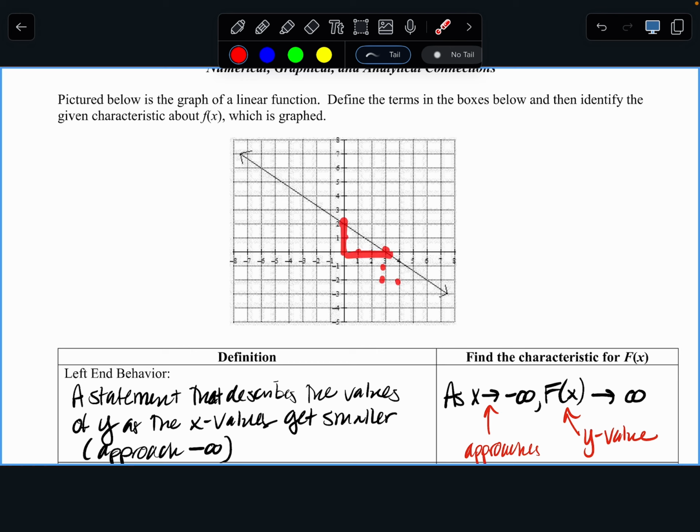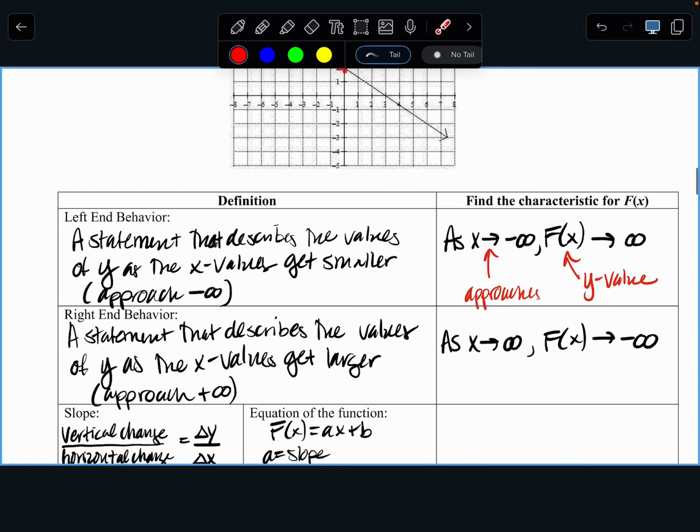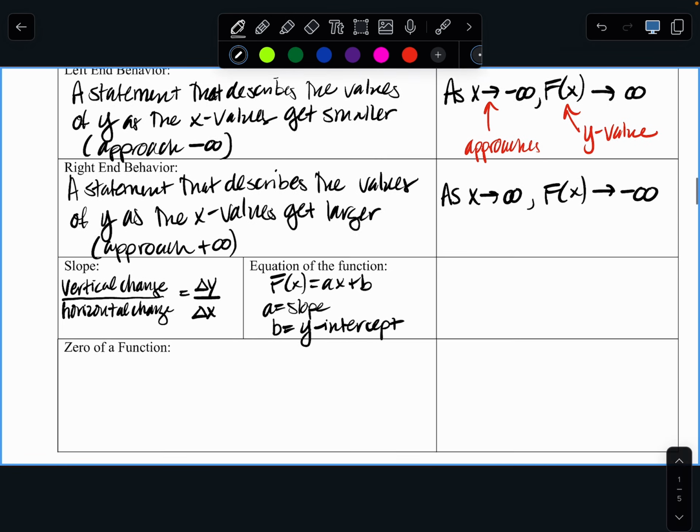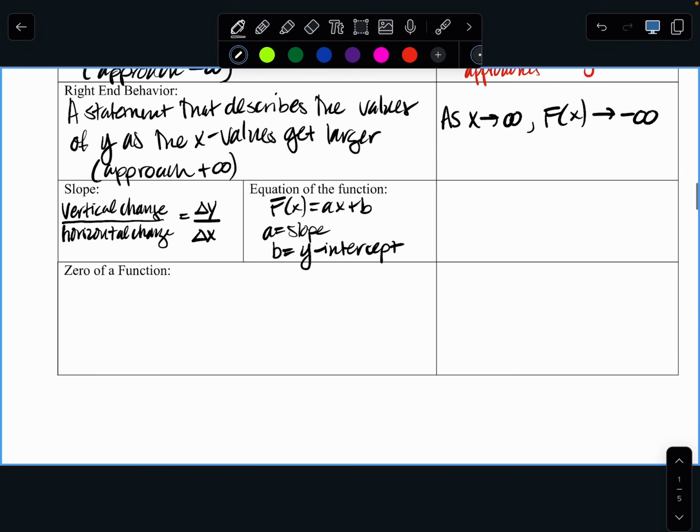Down 2, right 3. If I go the other direction, I can go up 2, but then I go a negative x. So up 2, left 3. Which means my vertical change is 2, and my horizontal change is 3, and one of them has to be negative.